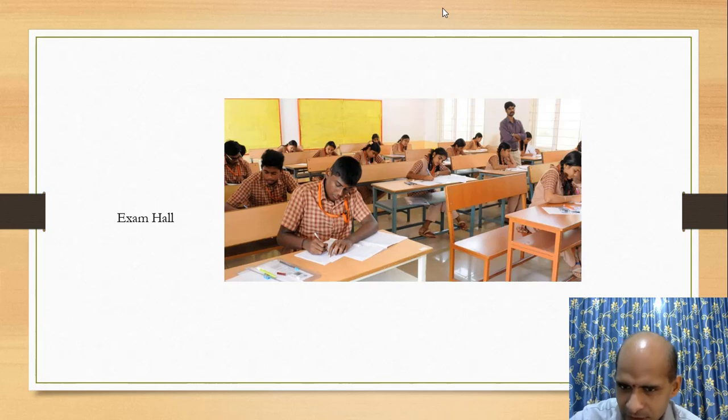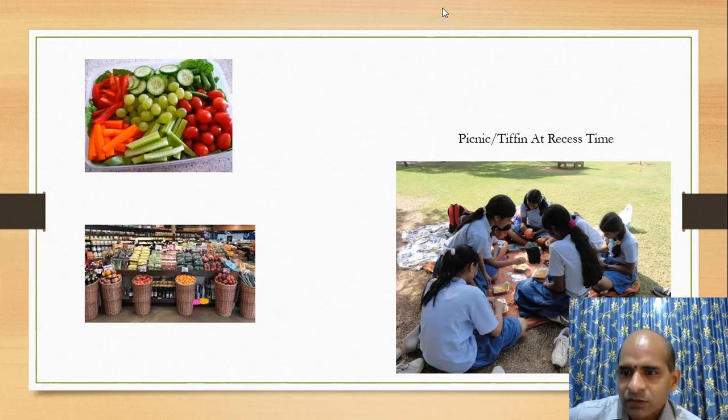Now let us consider another situation. This is a case of your tiffin time at recess in the school, or maybe you are preparing for a picnic. Suppose you are ready to go for a picnic tomorrow, then before that you have to make a plan.